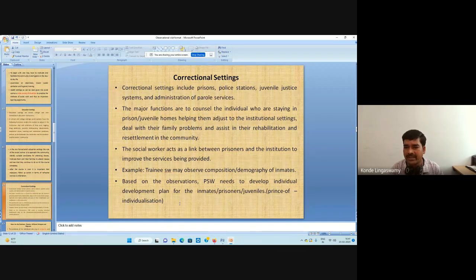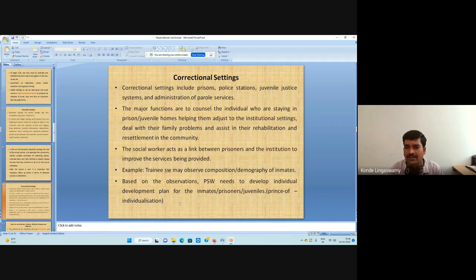For example, one inmate, because of his family problem, murdered his family member.